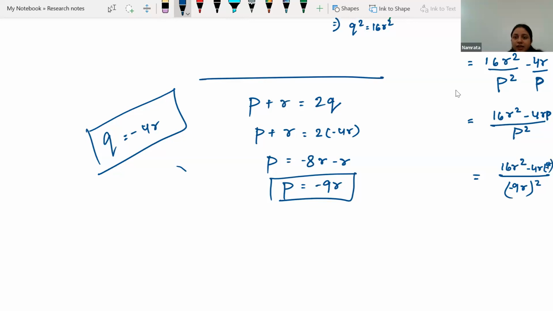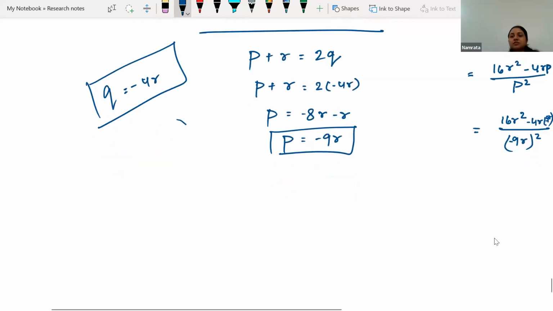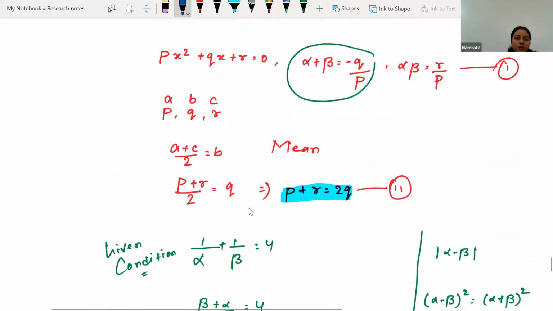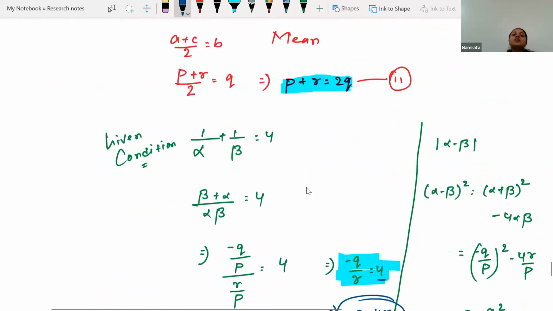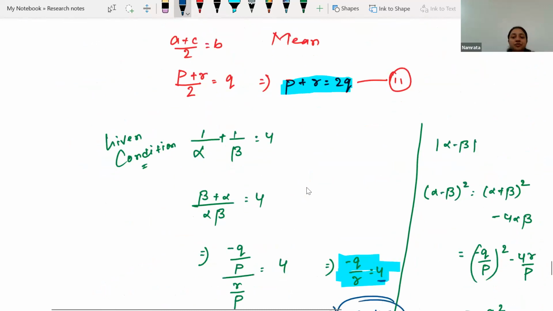Will it help? Why we are doing R? Because we are not able to calculate the value over here. Once Q is there, P is there, R is there, a lot of different variables are there, then it is not getting possible for us to reach the option. If you can see, option doesn't contain P, Q, R. So we are trying to get a value out of it.